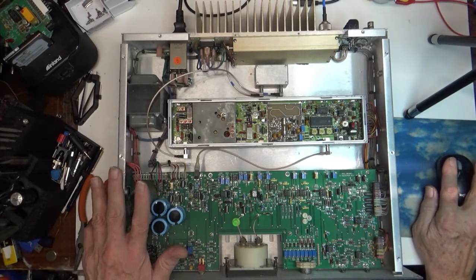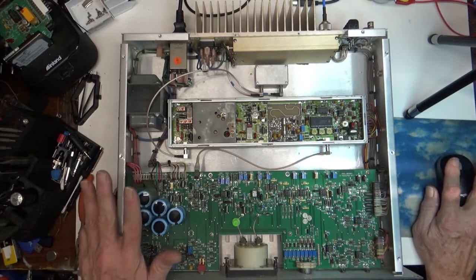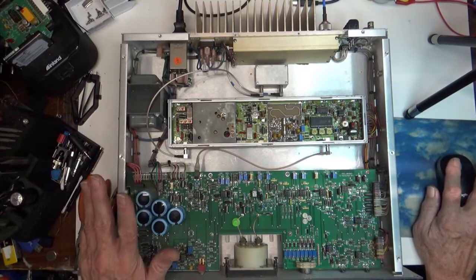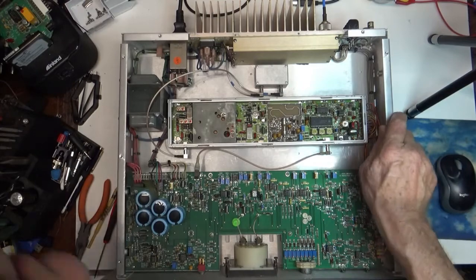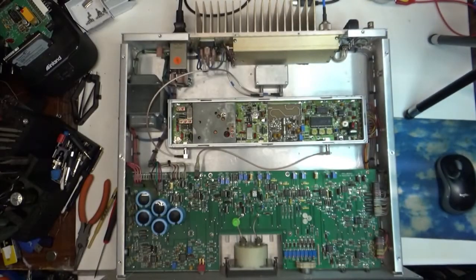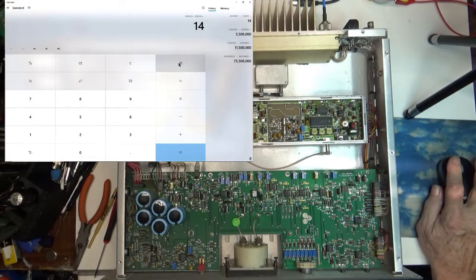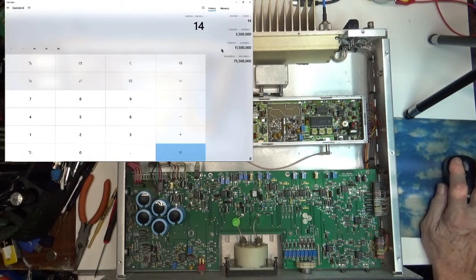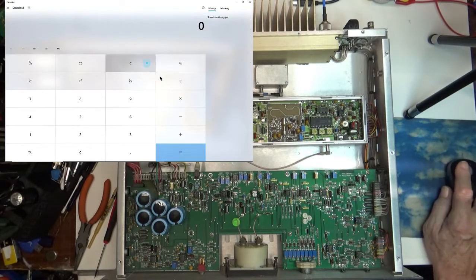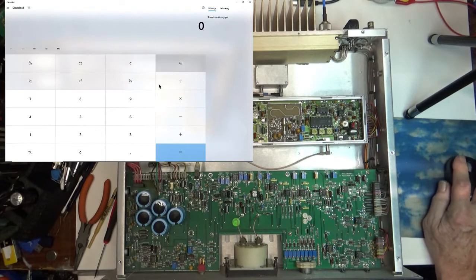All right, that's how this one is set up right now. We have to change frequencies, and the frequency we want is 947.850. So we'll turn off the transmitter, clear everything out here, and go through our setup.